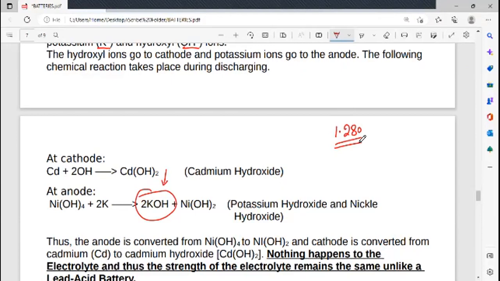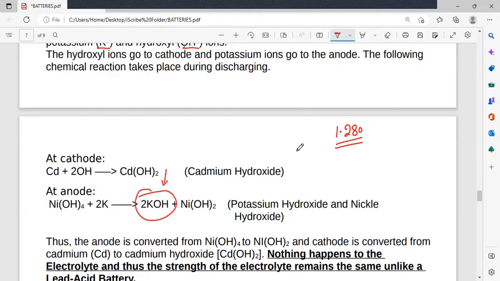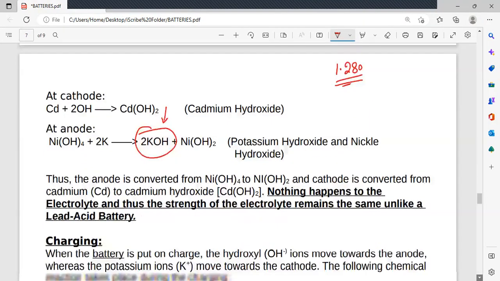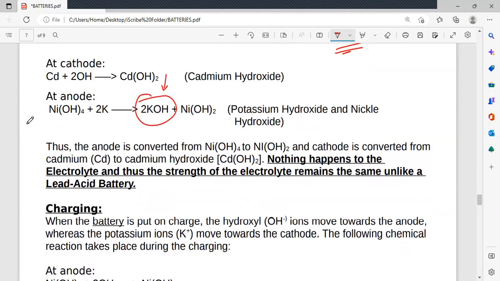Unlike in your lead acid batteries, where water was being added to an already diluted solution, therefore your specific gravity was falling, here your specific gravity remains the same, constant, because you're adding KOH. So nothing happens to the electrolyte, thus the strength of the electrolyte remains the same, unlike in your lead acid batteries.